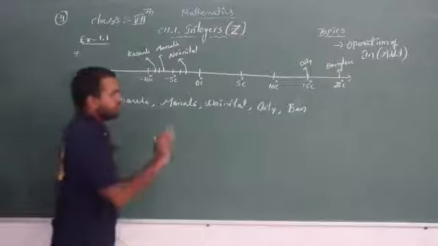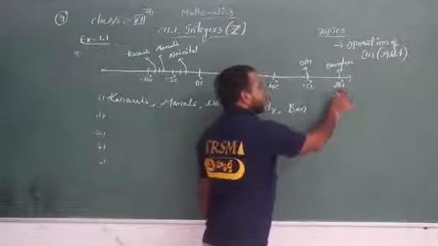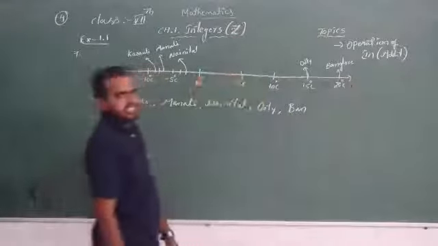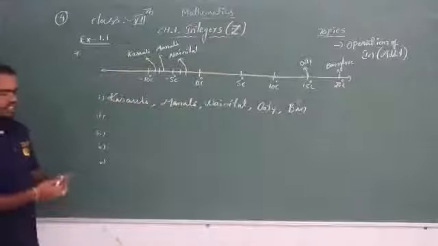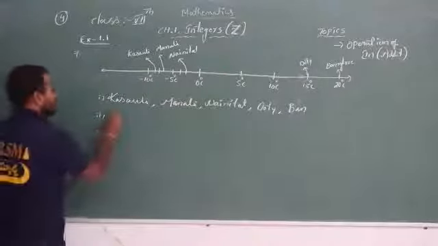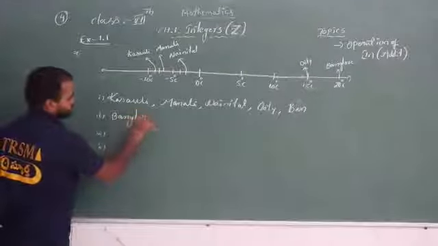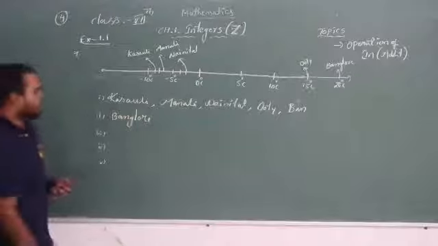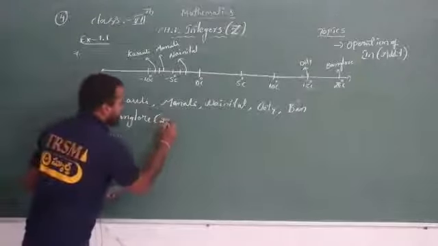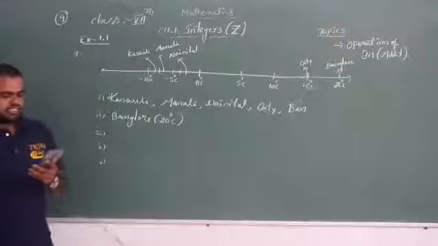So which temperature is greater here now? If you see Bangalore, how much is it there? 20 degrees Celsius. So the city Bangalore will have the highest temperature. How much highest temperature? 20 degrees Celsius. That is the second answer.